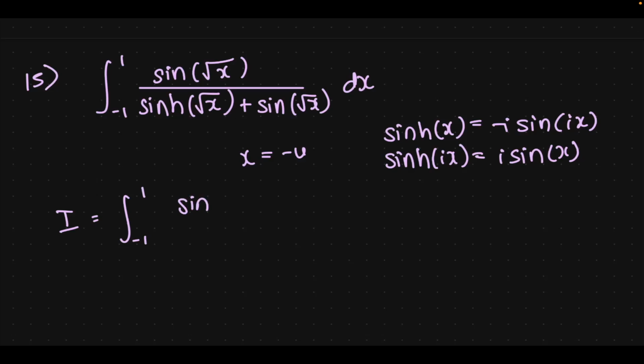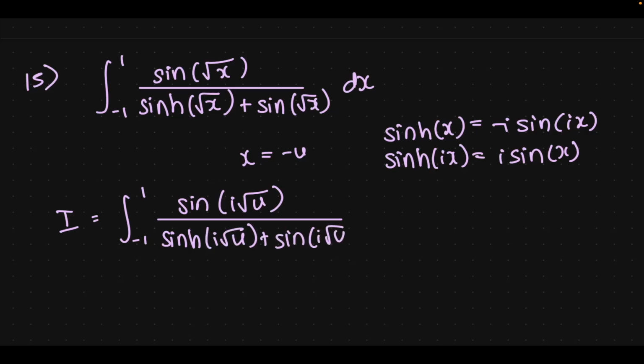So now the square root of minus 1 can be taken out, which becomes i. So i times square root u. Same thing with the arguments of the functions in the denominator. So sinh of i square root u, sine of i square root u, du.